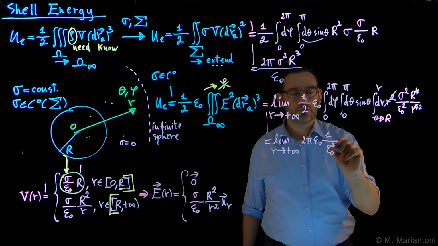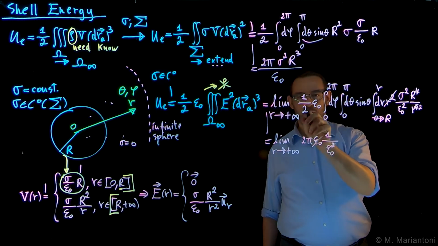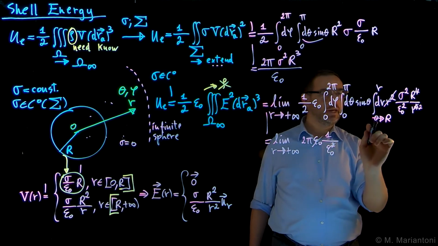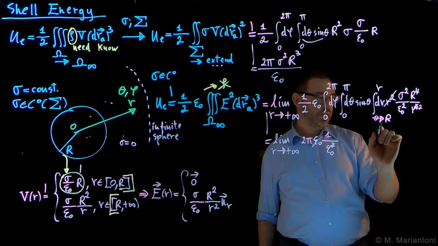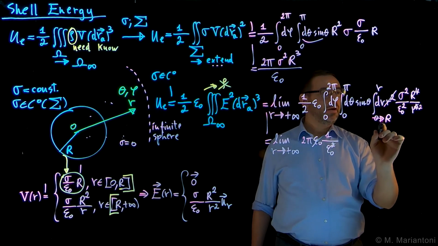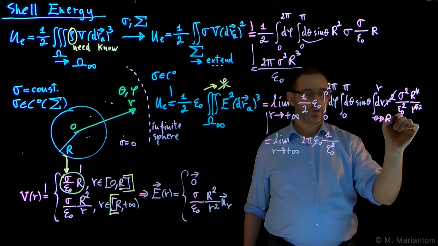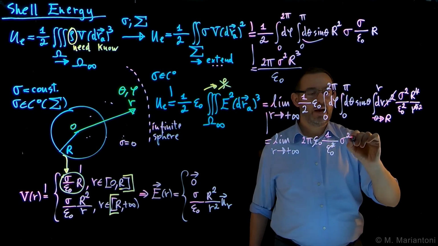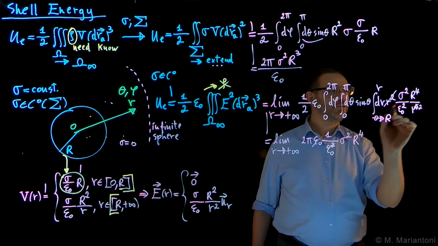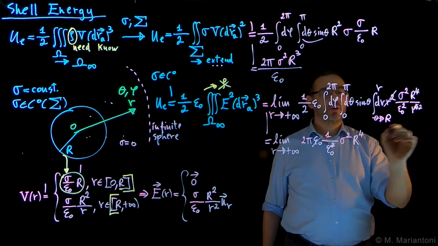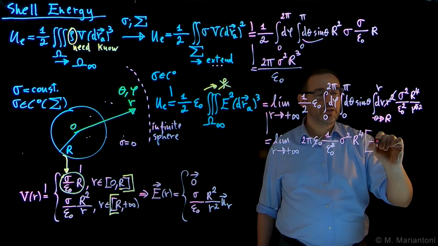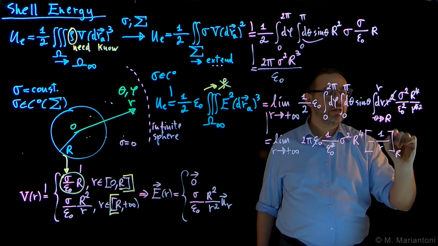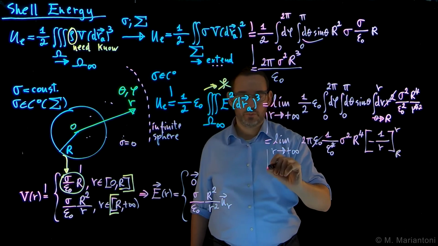So we took into account this is 2 pi, this is 2, 2 cancels out with 2. Now here we need to have the integral of sigma square, which is a constant. Capital R to the power of 4 is a constant. So we need to integrate 1 over r square, which is nothing but minus 1 over r from capital R to small r in this limit.